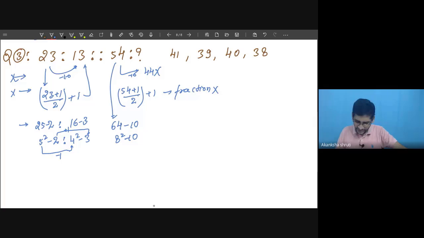So that rule logic we are going to follow. So it may be possible to get a number with 8 minus 1, means 7 square, and subtracted by 10 plus 1, which is 11. So it should be our 49 minus 11.